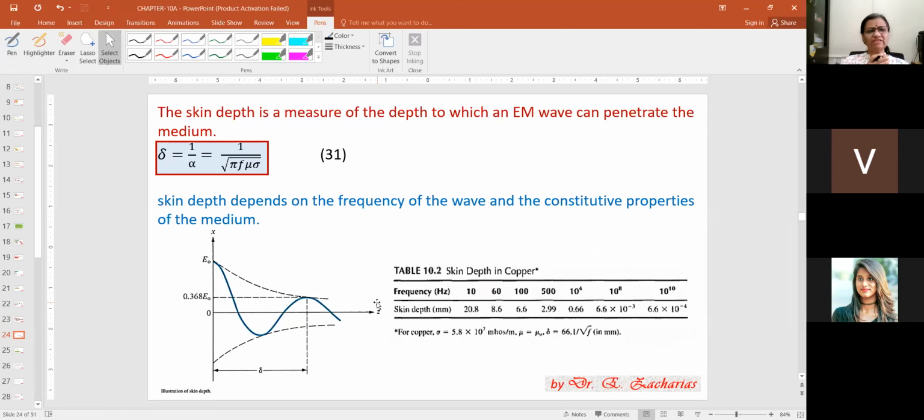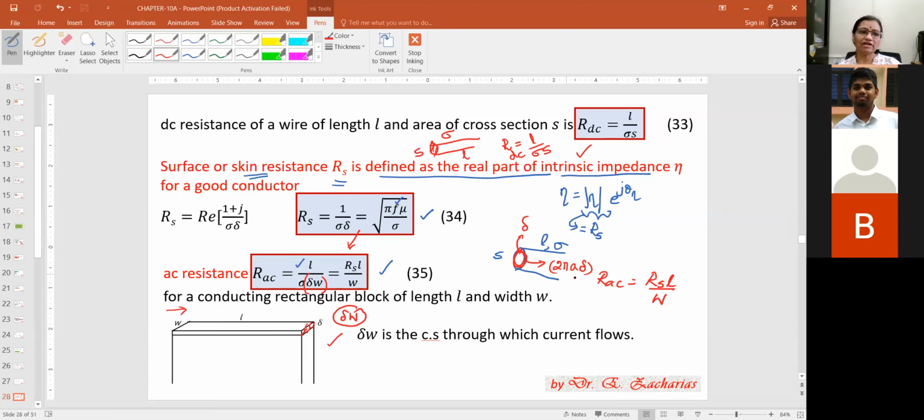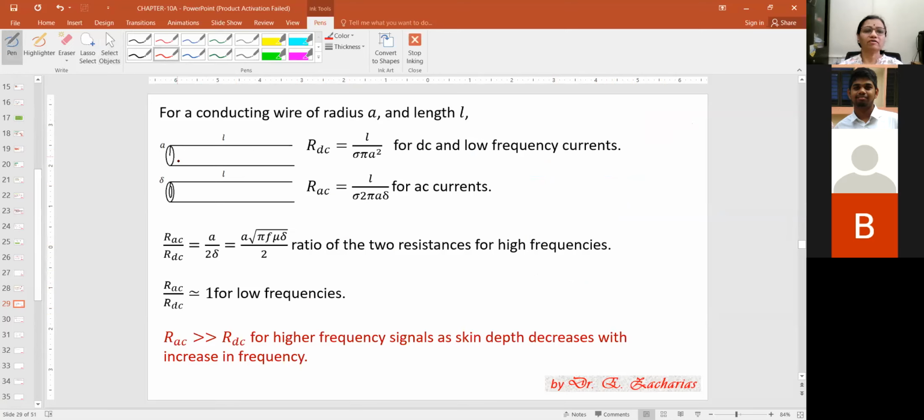RAC and RS are related to each other, and there is no frequency involved in the relationship between them. It's only the dimension that comes into the picture. Here I have shown you for a conducting wire. If it is DC, the entire cross section is involved, so S is equal to pi A square, if A is the radius.